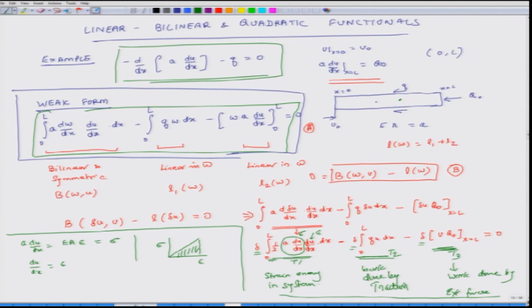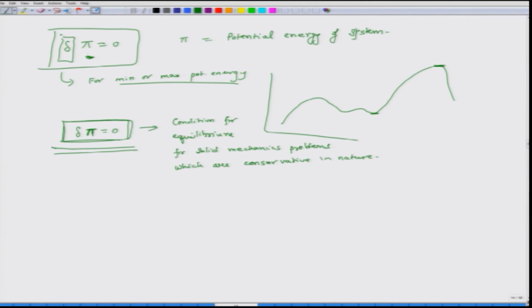So, in context of solid mechanics, I can say that T1 plus T2 plus T3 represents the potential energy, but in general I cannot say that this is potential energy. So, I make a general statement that T1 plus T2 plus T3 represents some functional I, and the condition for that functional to be at a minima is that its variation should be 0.